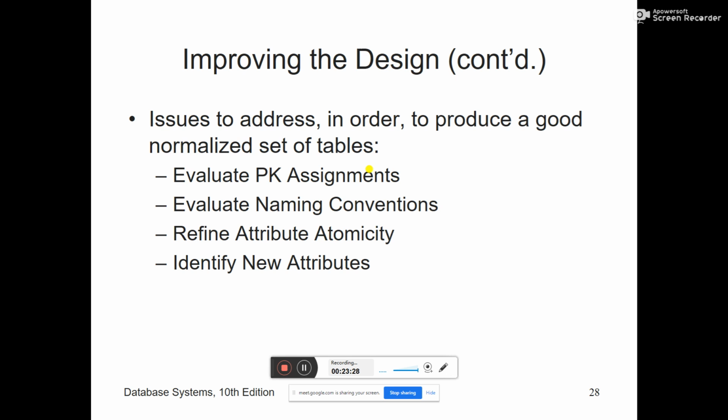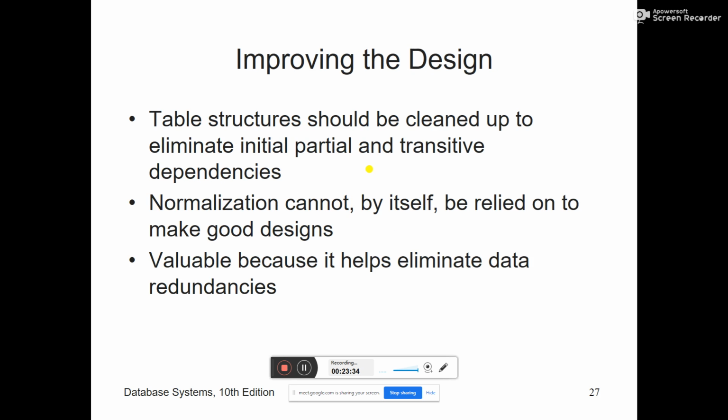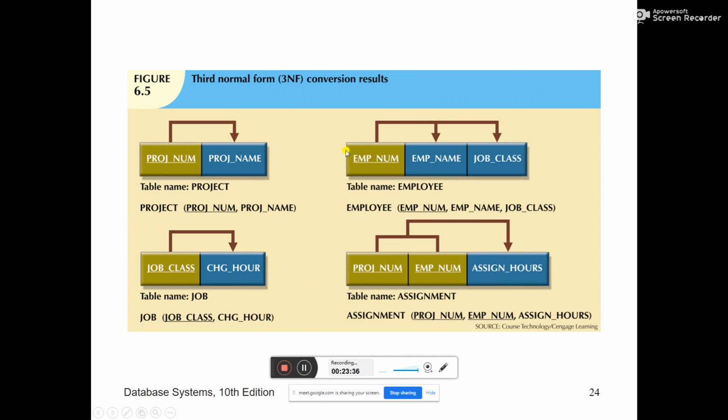If you see over here in the table, previously we called this charges per hour. Charges per hour for what? So we have to follow a naming convention. We should prefix it with the name of the table, job charges per hour, so then it will be a better name.